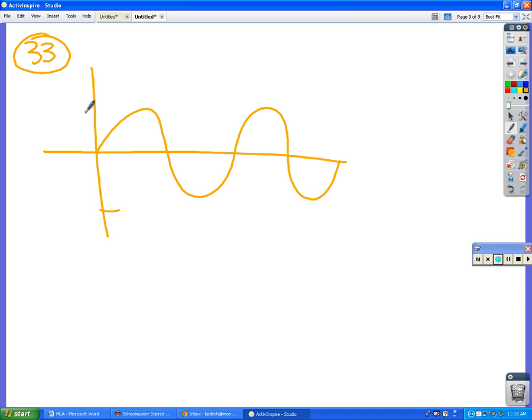So what would these two things be? If I did 4 and -4, how far would this wave be cresting above the lowest point? 8. Yeah, so that's too much. So it needs to be 2 and -2 instead.